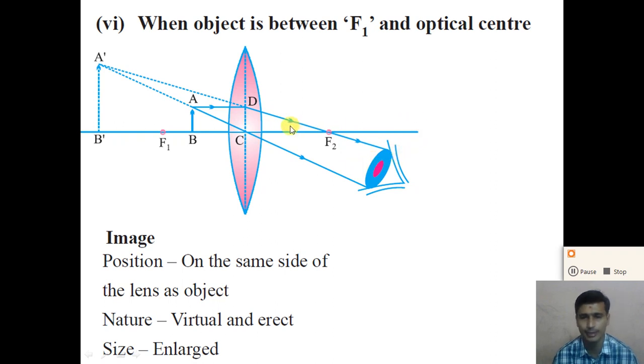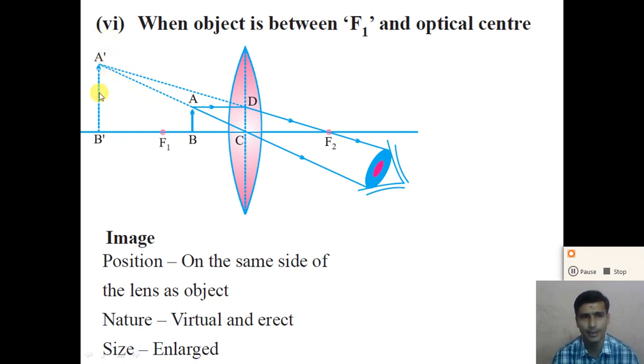And for the second ray, the ray of light passing through the optical center O will emerge without any deviation. So these two rays cannot meet on the other side of the lens. But if we extend these two rays in the backward direction, they will meet at a point A dash.